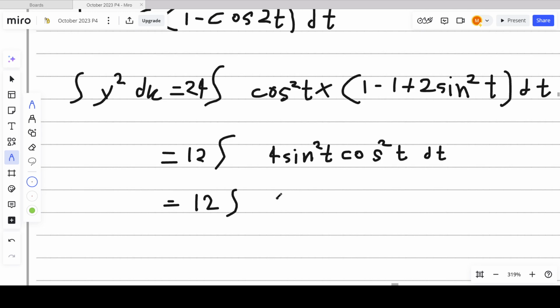So this is basically sin 2t whole squared, sin 2t whole squared dt.